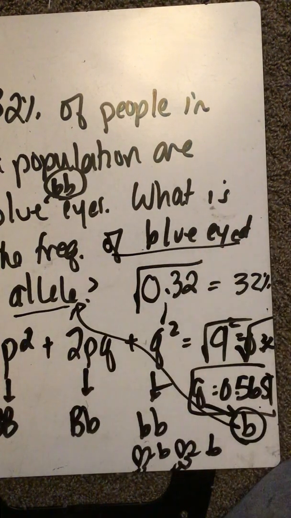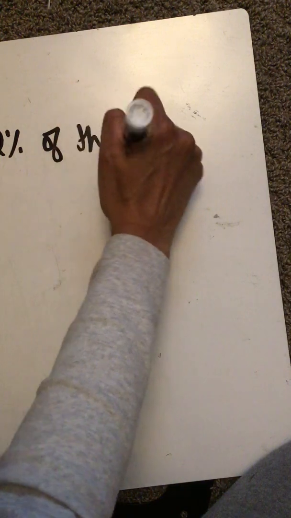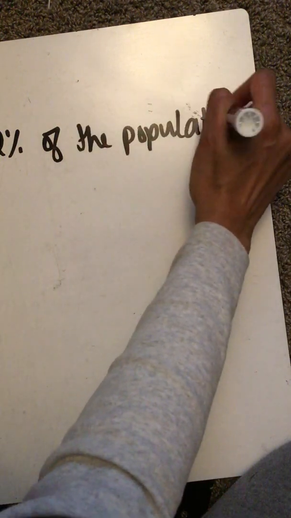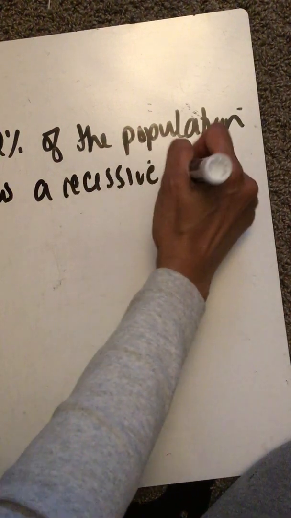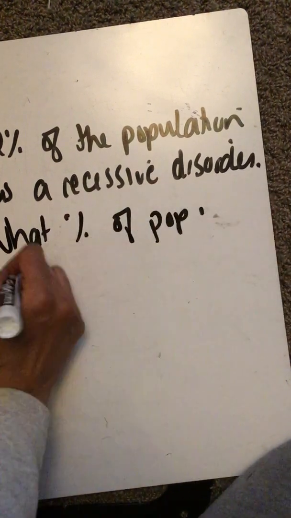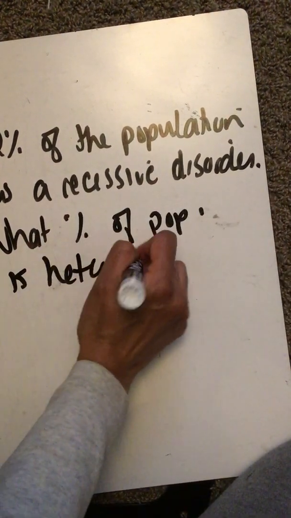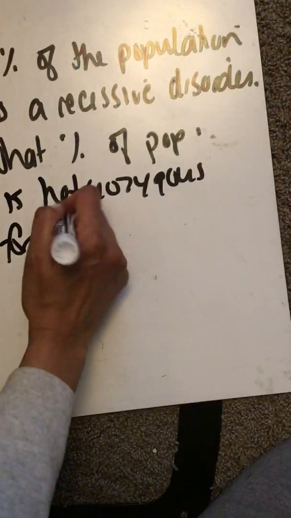And sometimes they give you questions like this. They'll be like, 2% of the population has a recessive disorder. What percentage of the population is heterozygous for this trait?